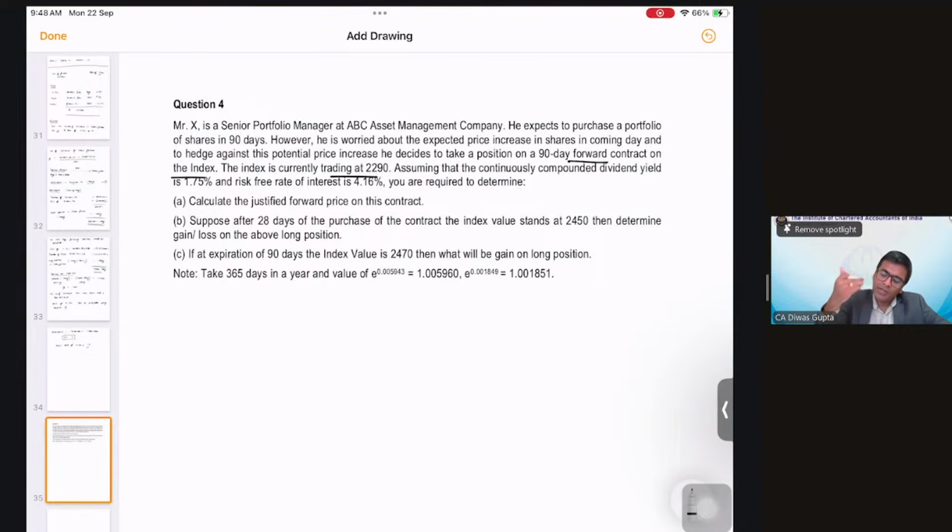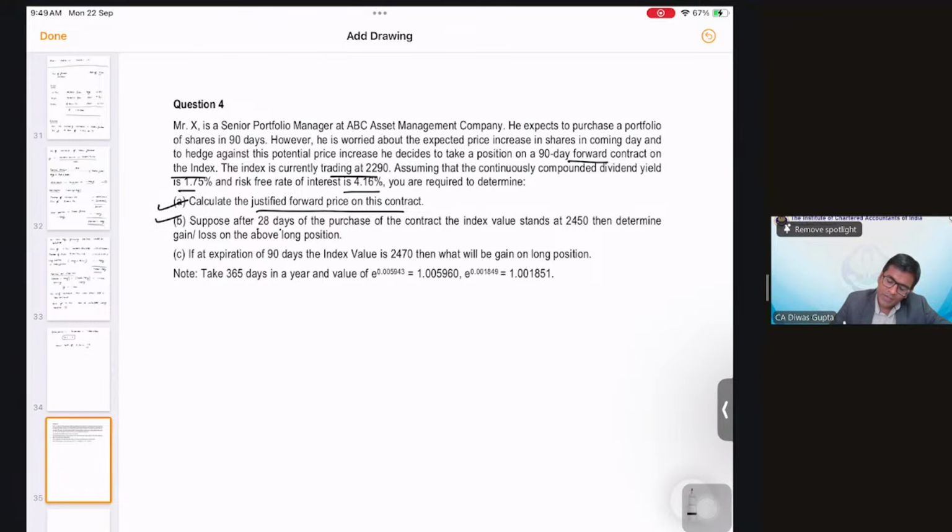Assuming that the continuously compounded dividend yield is 1.75 and risk-free rate is 4.16, you are required to determine. Now, in this case, they have given both the things as continuously compounded. You are required to calculate the justified forward price on this contract, which is very easy and simple.